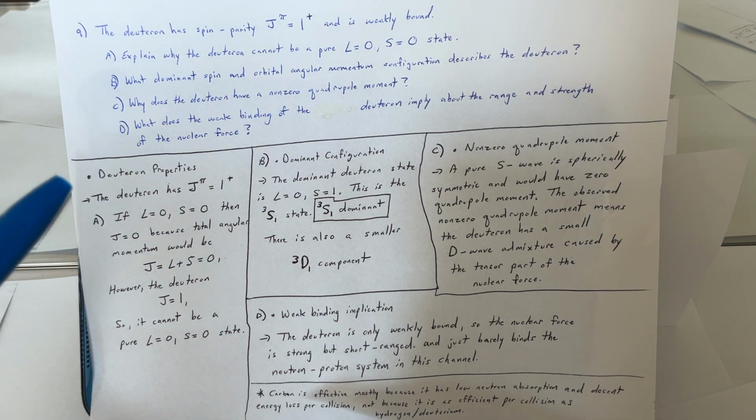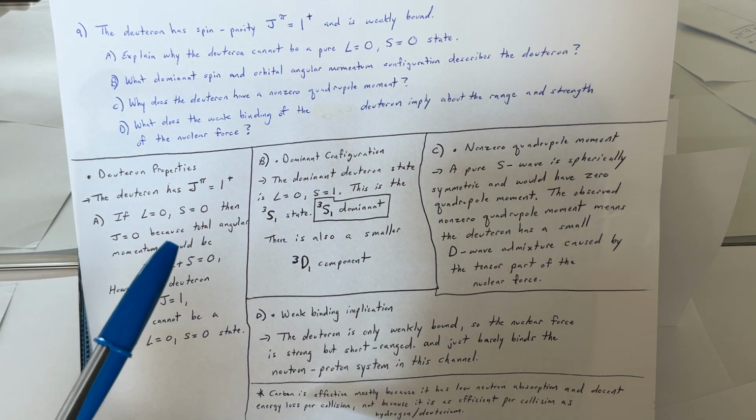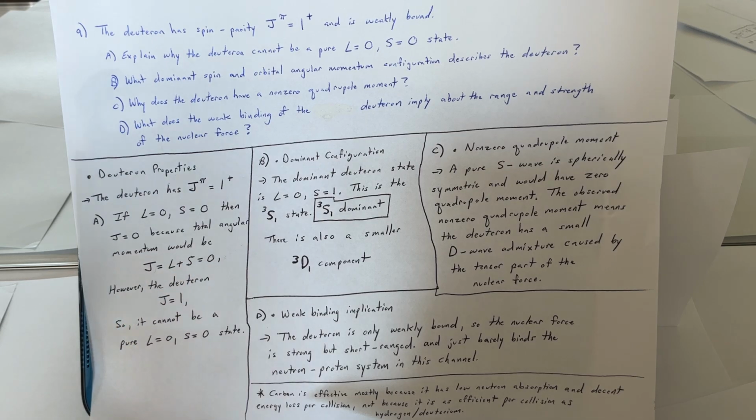So this is a deuteron properties problem. If L equals 0, S equals 0, then J equals 0, because the total angular momentum would be J equals L plus S equals 0. However, the deuteron has J equals 1. So it cannot be a pure L equals 0, S equals 0 state.